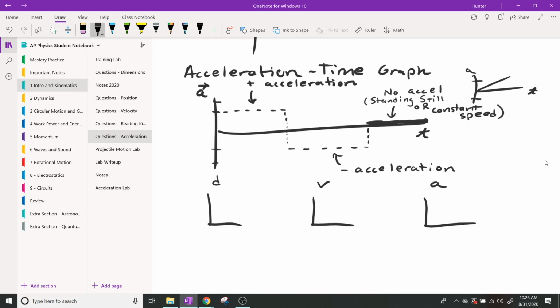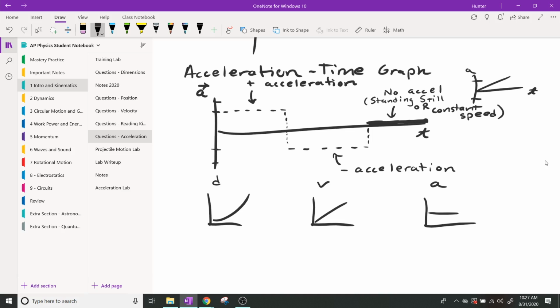So if you get a displacement versus time graph that looks like a curve, then that means that your velocity time graph is going to be a straight line. Okay, and that also means that your acceleration is going to be positive because you are speeding up, but it's going to be a flat line. Okay, so it goes from curvy line to straight line to flat line.